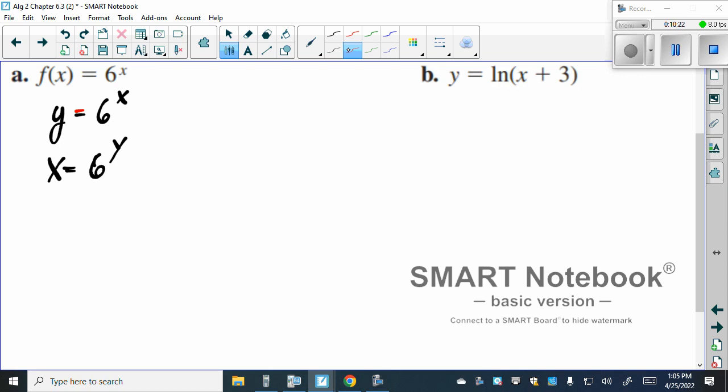And to get the inverse, we're just going to switch it from exponential to logarithmic. So if I rewrote this as a logarithmic function, what would we have? So we'd have log what?